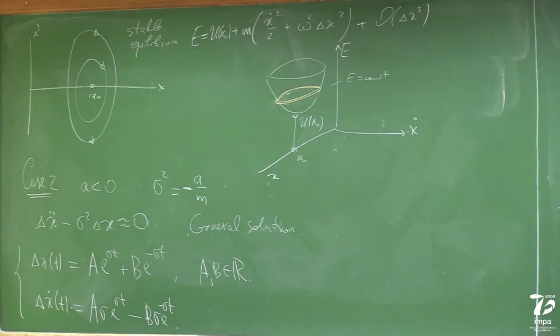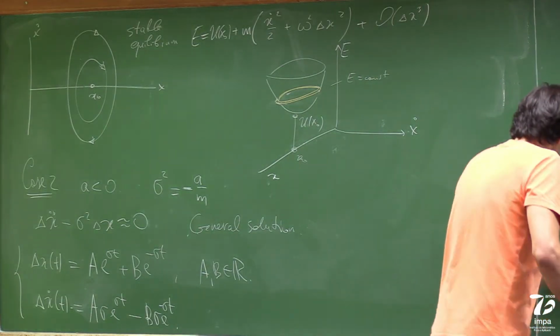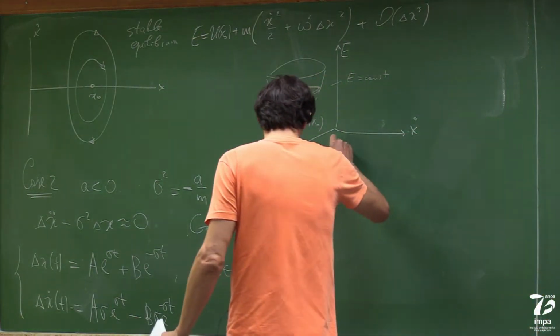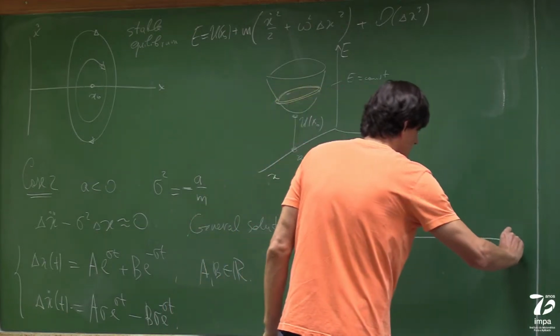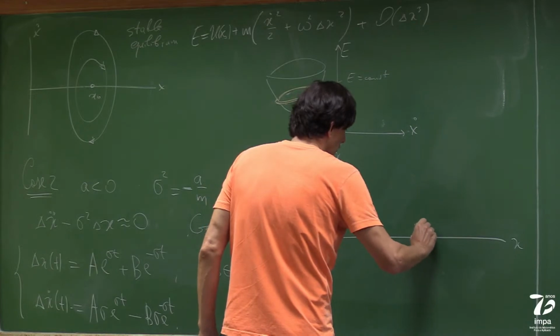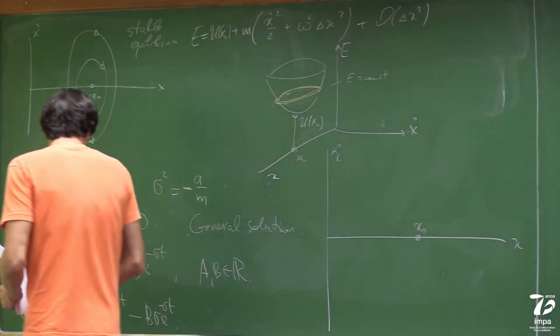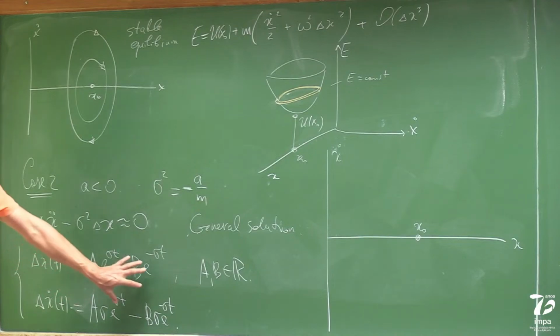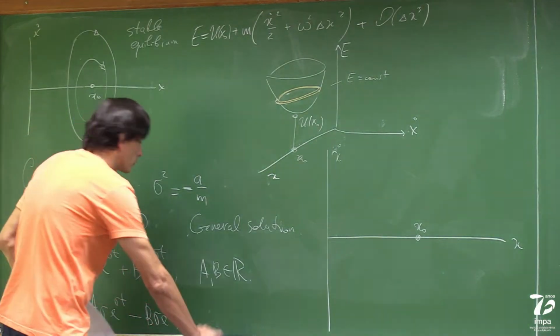And now let's see how it looks on a phase plane. First, let's consider the solution when, for example, b is 0. Assume that b is 0 first.